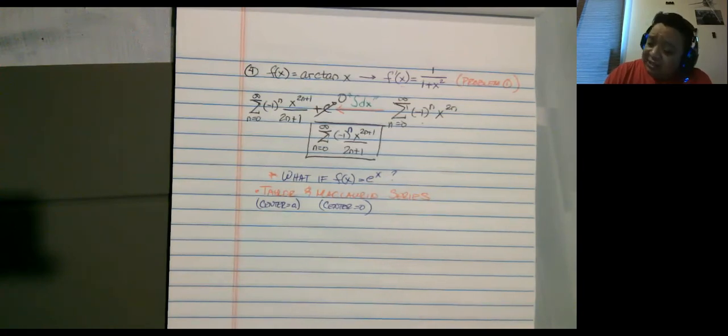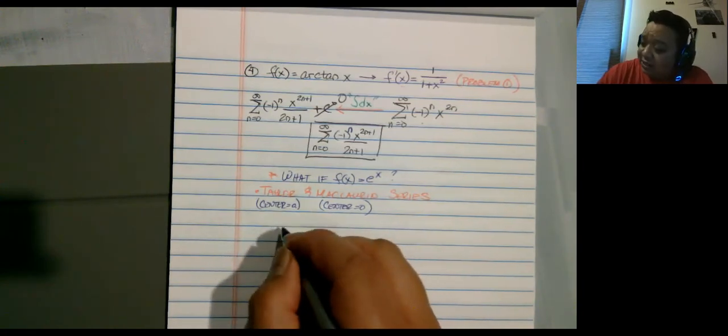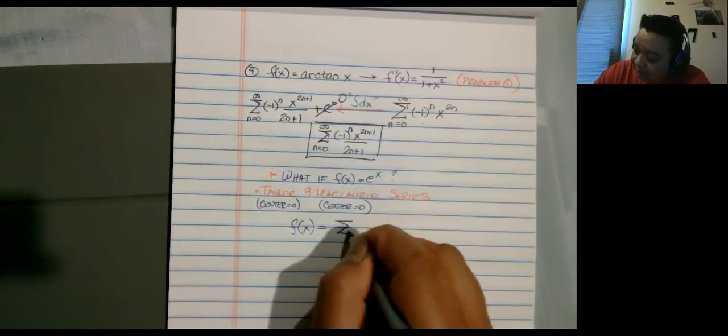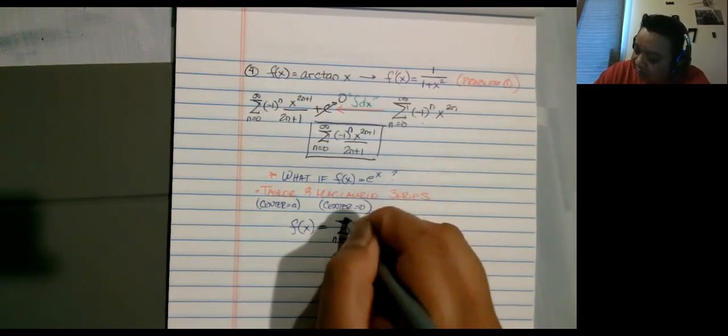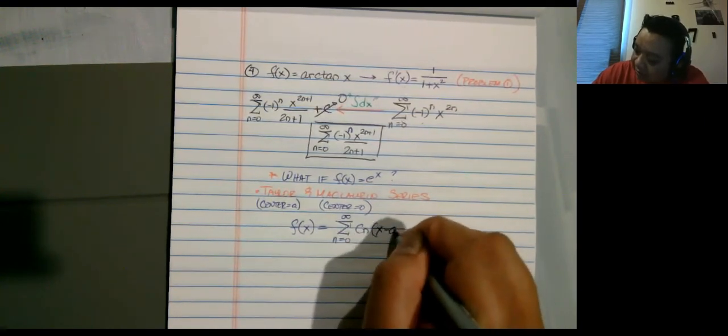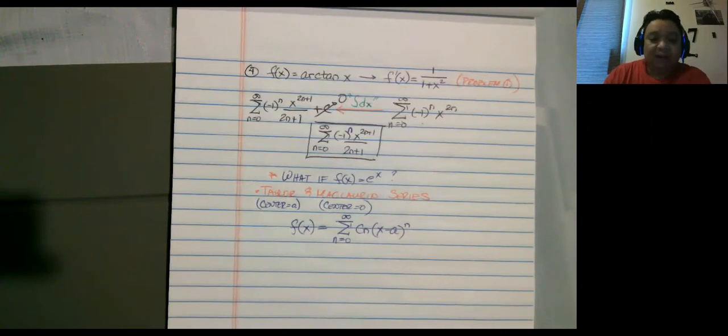So essentially, this is what we want to get, right? We want f of x to equal a power series, from n equals 0 to infinity of c sub n times (x minus a) to the n power.